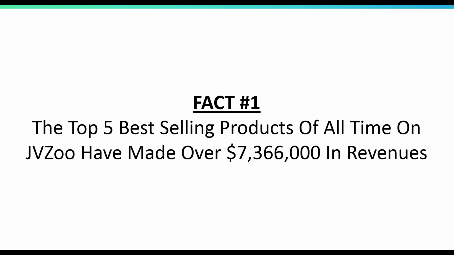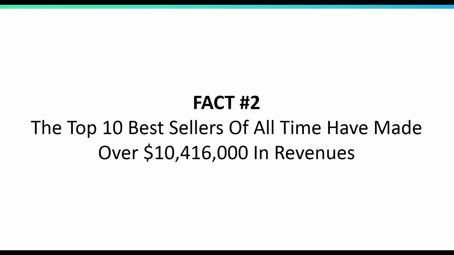All of those are software, and they're selling well because they help people automate a lot of the stuff. It helps people streamline processes that normally take 10 hours, 20 hours to do, and makes it take just 10% of the time. And fact number 2 is that the top 10 best-selling software on JVZoo have grossed over $10 million.